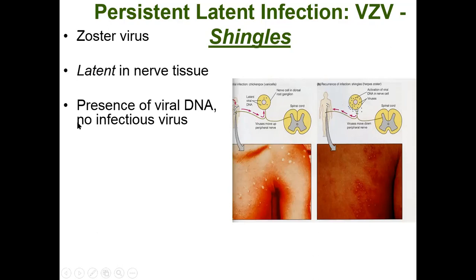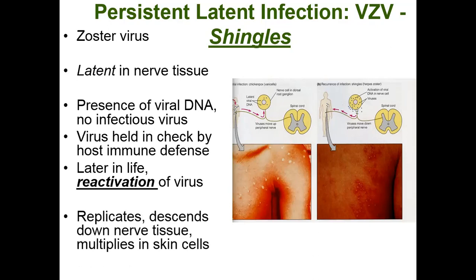We do not have any active infection going on, but we have the presence of viral DNA. Usually, nothing will happen because the virus is held in check by the host's immune defense mechanisms. These can be in the form of humoral immune response or cellular immune response.